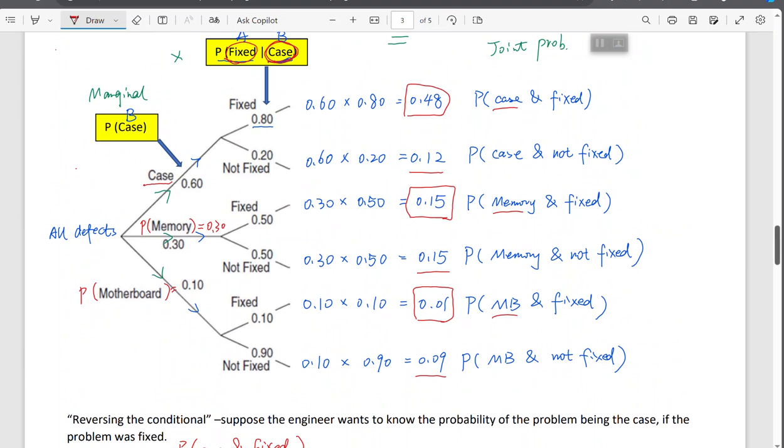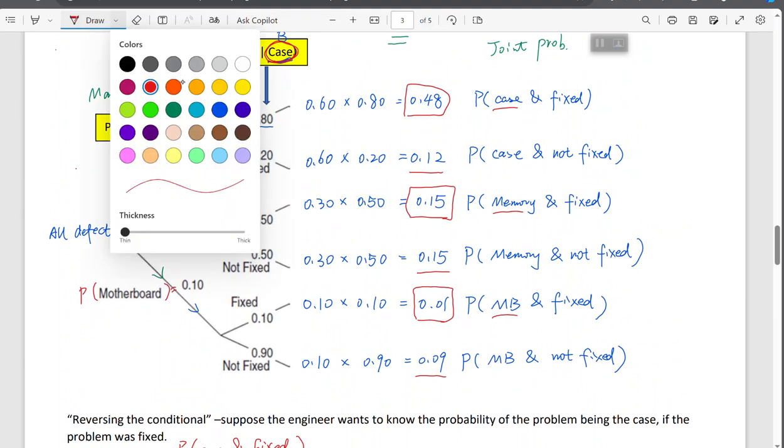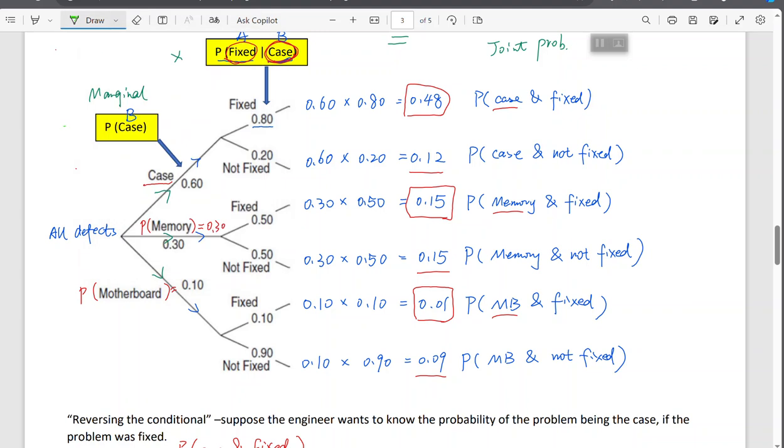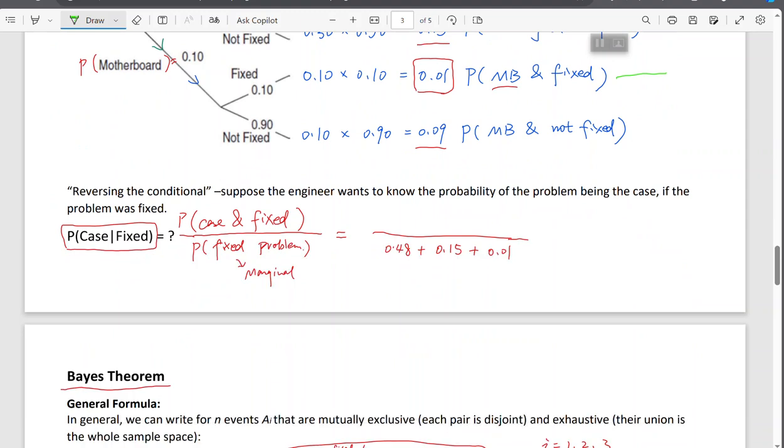Now within all of these fixed defects, within these 3 fixed problems, which one is for the case alignment defect? Is that just this one? So what is the top?